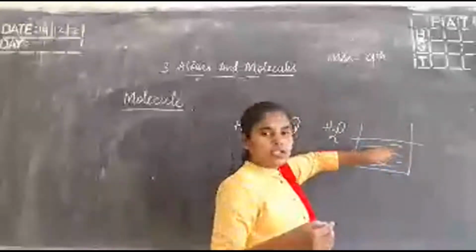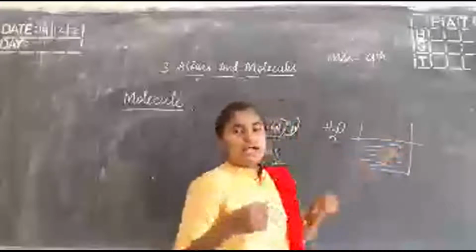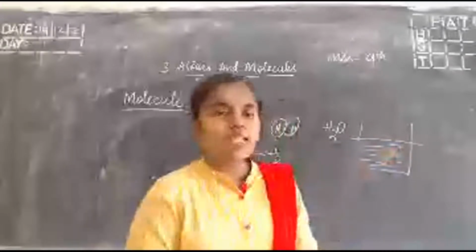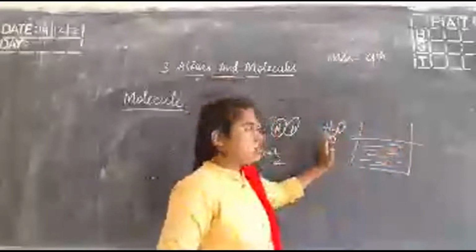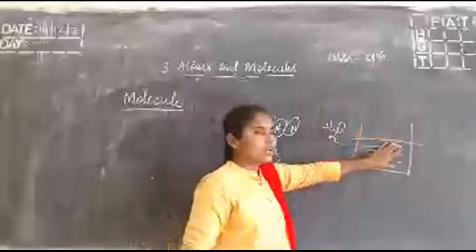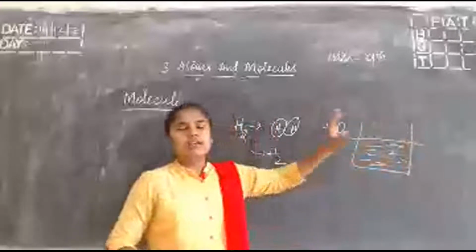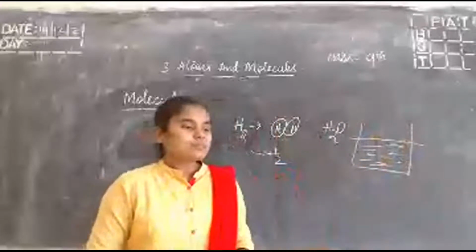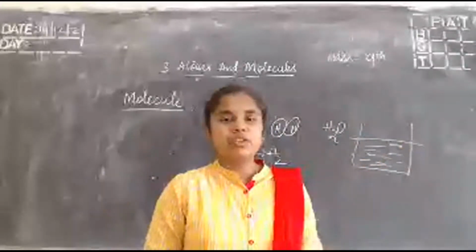All the molecules in this water have the same chemical properties, showing all the chemical properties that water should have. So whatever chemical properties water should have, these molecules show all of them. So I hope this is clear, what the molecule is.